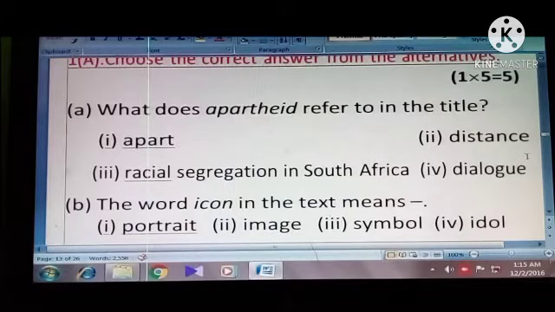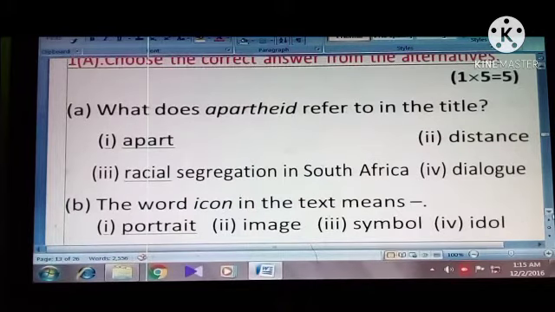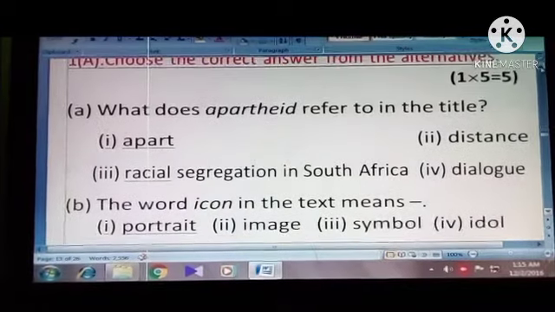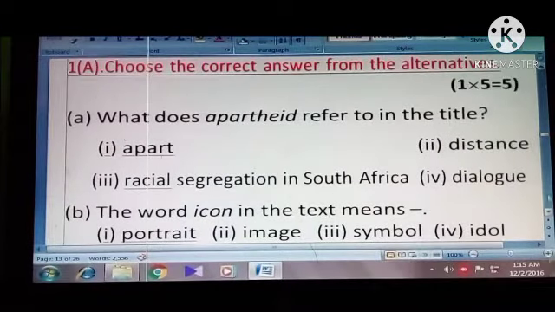Apart, 2. Distance, 3. Racial segregation in South Africa, 4. Dialogue. Now you have to choose the correct answer. Then you will only write the correct answer in your script. You will not write any questions in your script, because you are only asked to write down the answer, not the questions.